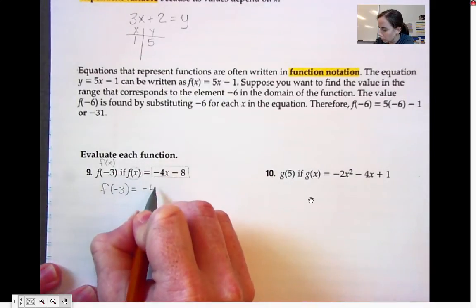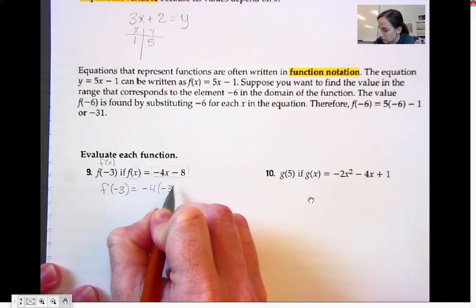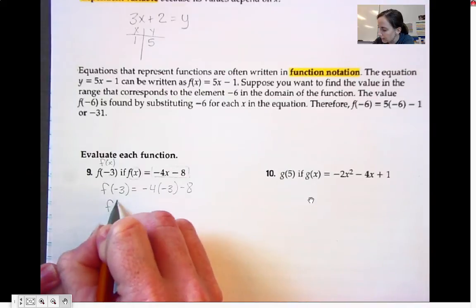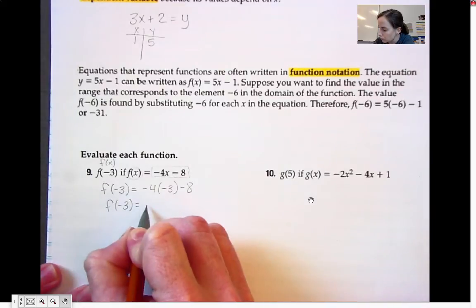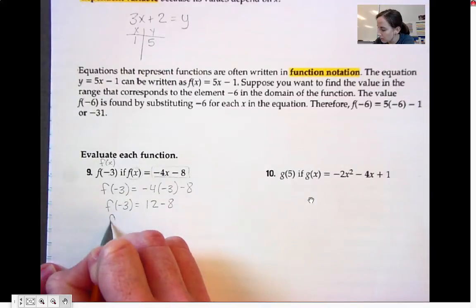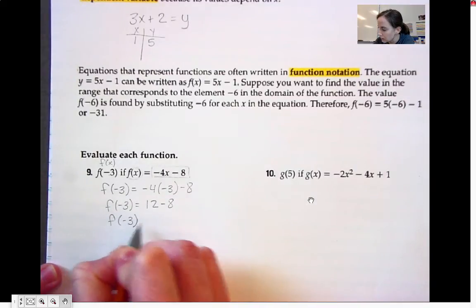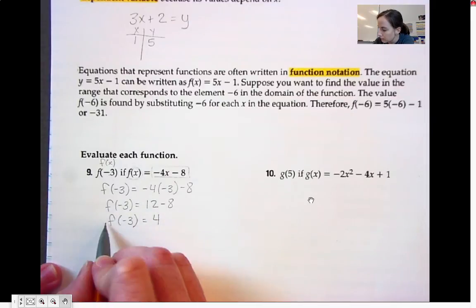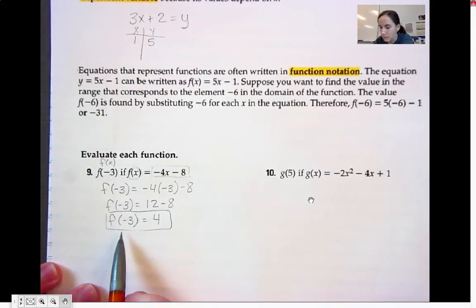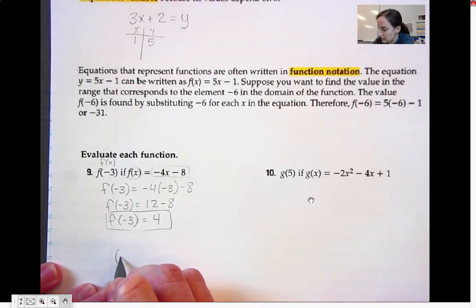So -4 times -3 minus 8. So f at -3 equals 12 minus 8. Continuing on, f at -3 equals 4. This would be our result. Now, if you were looking at the graph, you could plot a point and it would exist at -3, 4.